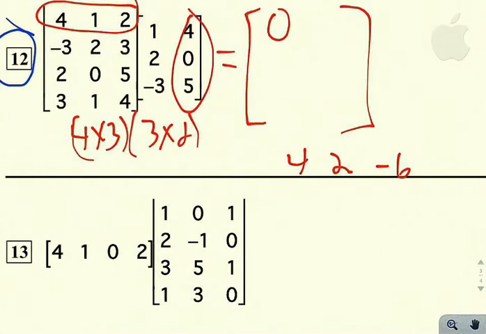Now the top row of the first and the second column of the second. Multiply the first numbers, you get 16, and then second number is 0, third number is 10. So that's going to be 26.